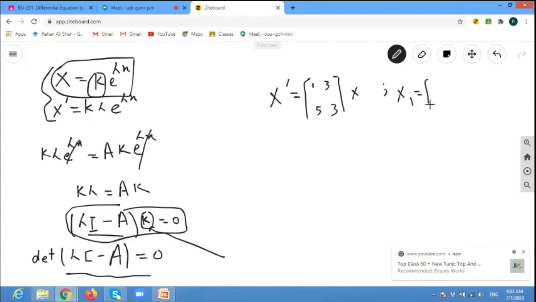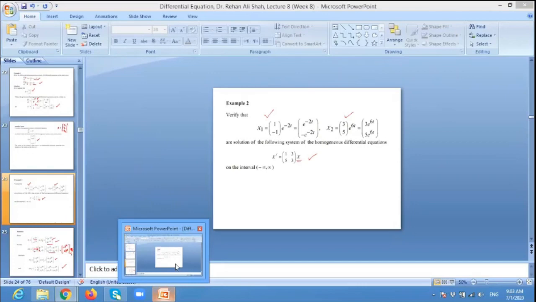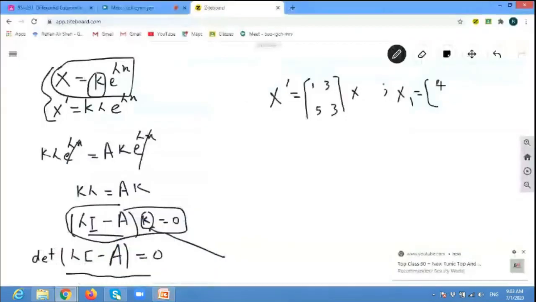Suppose this is given as e power minus 2t and minus e power minus 2t. This is actually x1.